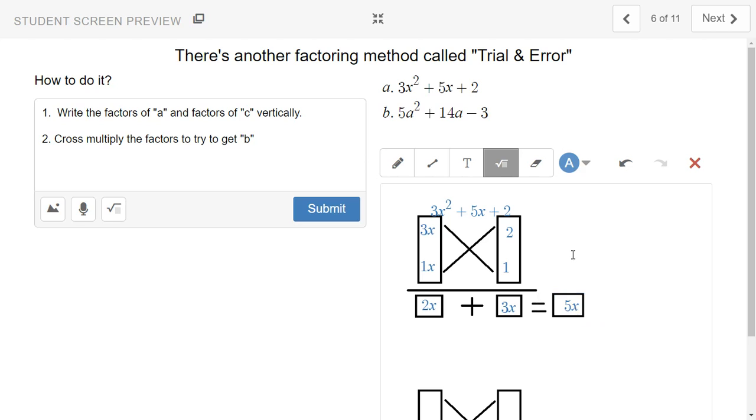Sure enough, it does equal 5x. And because it equals 5x, we're going to now group these by taking this as our first bracket and this one as our second bracket.